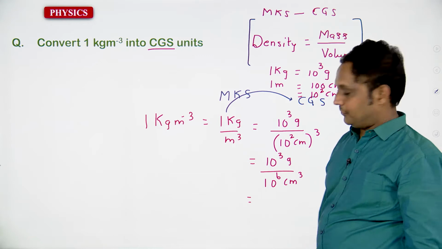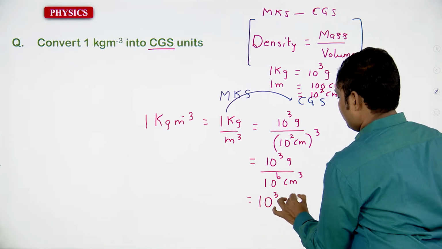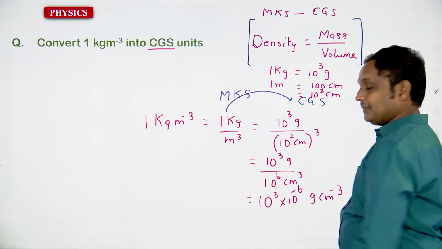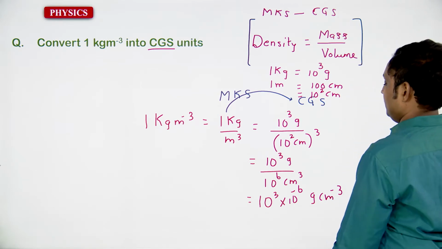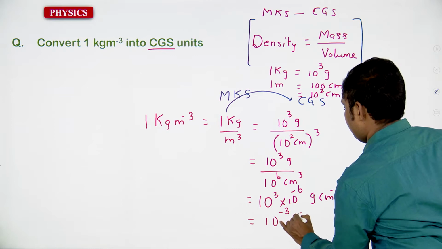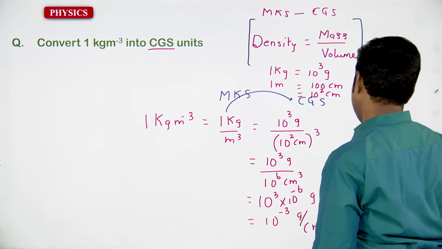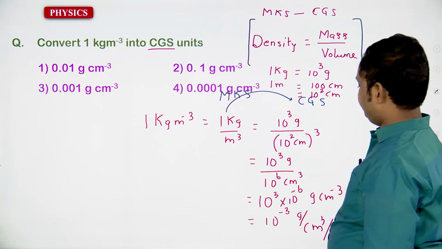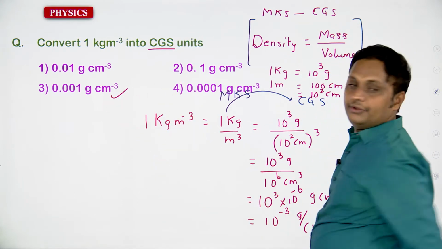It's very easy: 10 to the power of 3 into 10 to the power of minus 6 gram centimeter to the power of minus 3. That is 10 to the power of minus 3 grams per centimeter cube. All right, that is the answer.